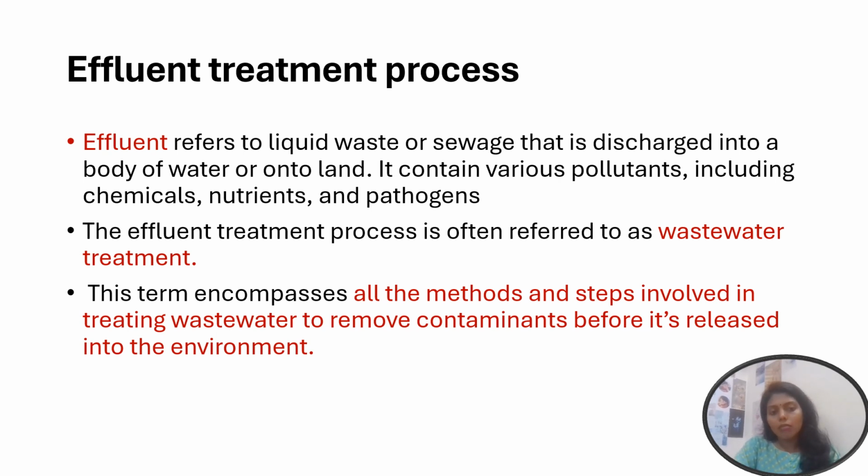And this term ETP, or effluent treatment process, encompasses all the methods and steps involved in treating water to remove contaminants that are present in the water before it is released into the environment.